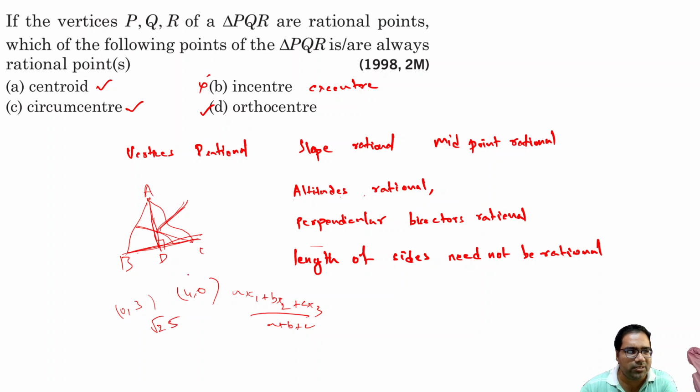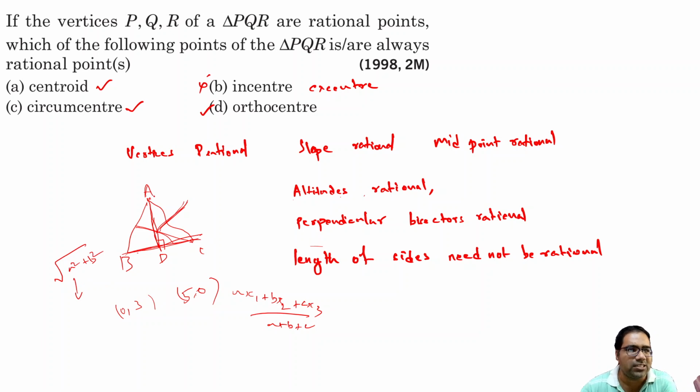Root 25. But instead of 4, if it is 5, then it will not give a rational hypotenuse, right? So, mostly root of a squared plus b squared need not be rational. Right. So lengths of sides when vertices are rational need not be rational.